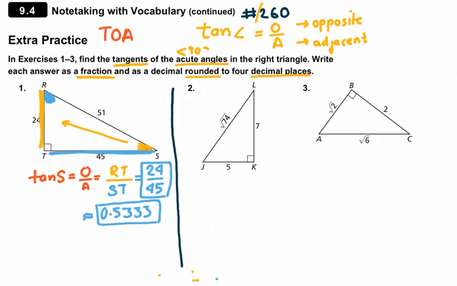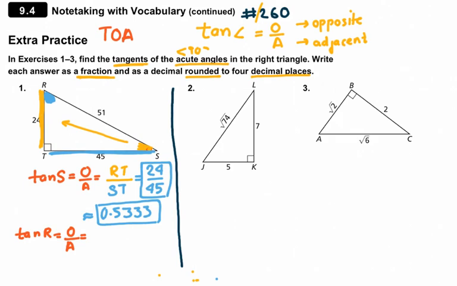Now let's move on to the other part. We forgot to find the tangent for angle R, so we have one more thing remaining. If I have to find the tangent for R, again tangent is O over A, TOA. What is the opposite leg in this case?